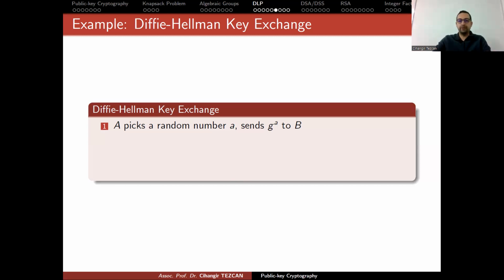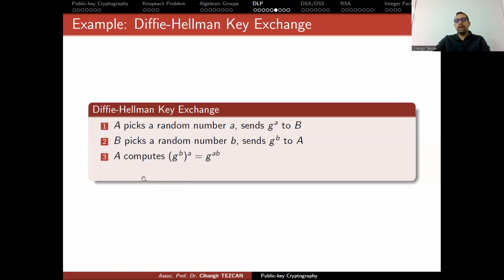They can do the following. A picks a random number, small a, calculates g to the a, and sends it to B. B also picks a random number b, calculates g to the b, and sends it to A. Now, A computes the a-th power of the number it received, which turns out to be g to the power ab.